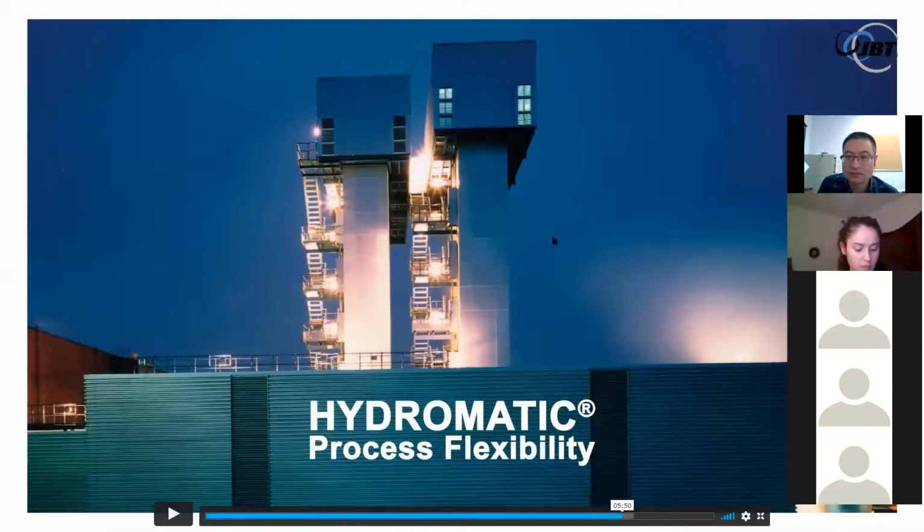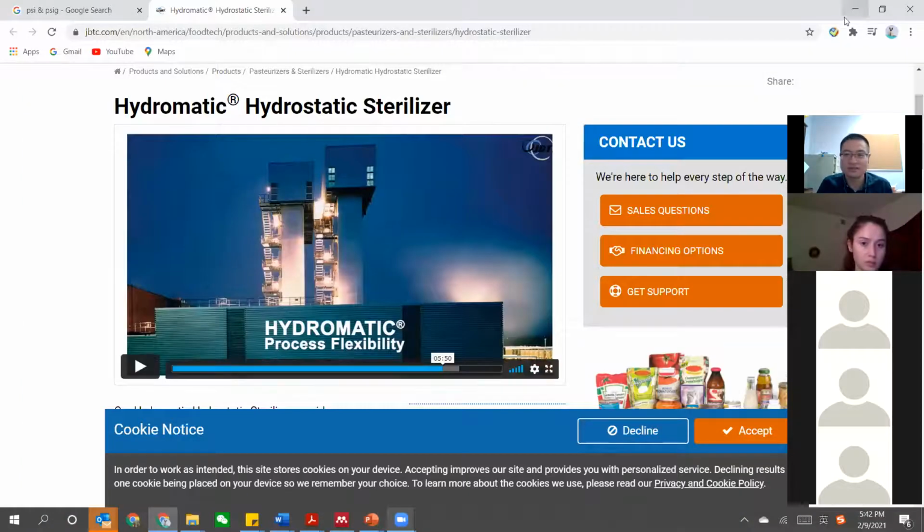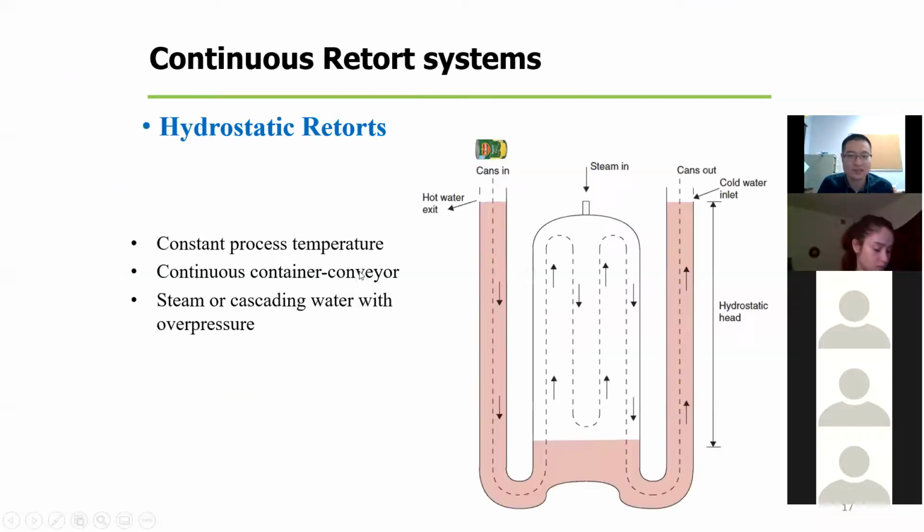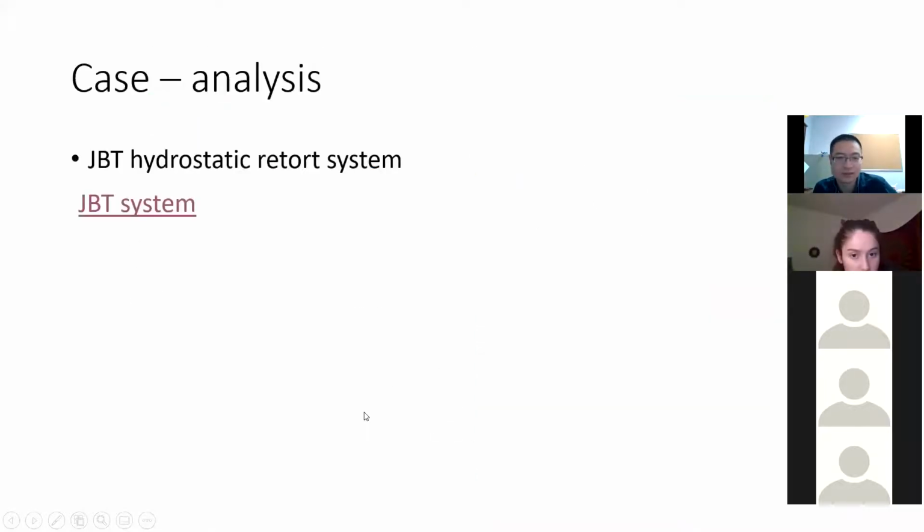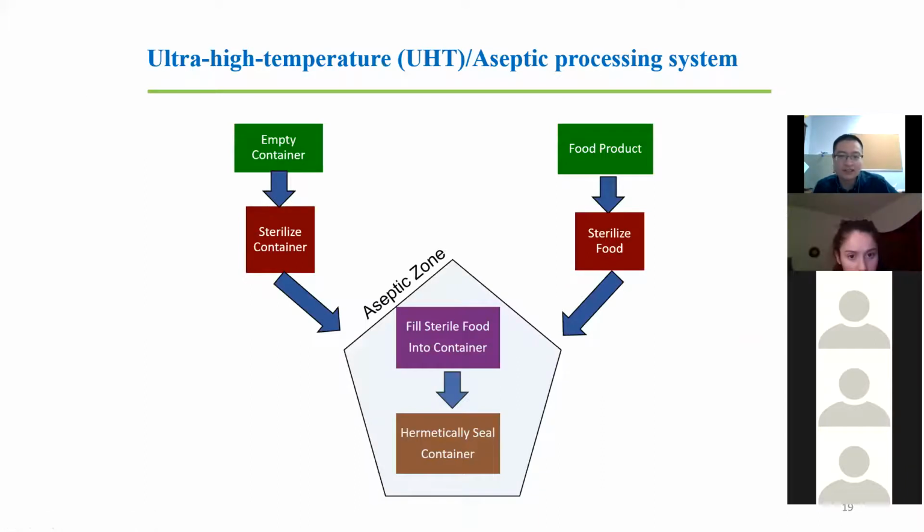Okay, so that was the one that I wanted to share with you, because it's a very interesting design. And this is what we call hydrostatic retorts. Basically, we use the water to provide the pressure to help the temperature reach more than 121 degrees C.